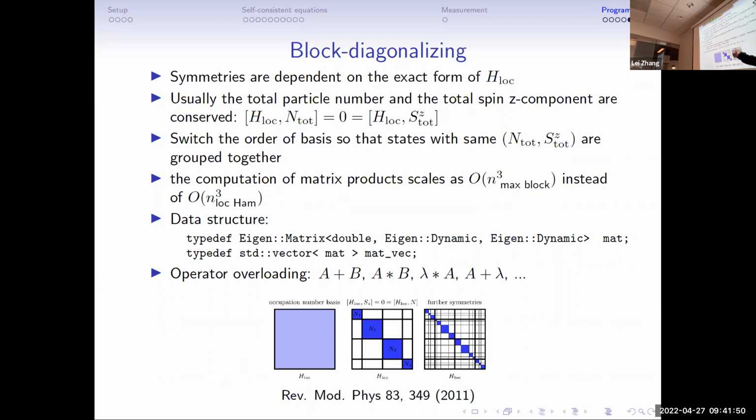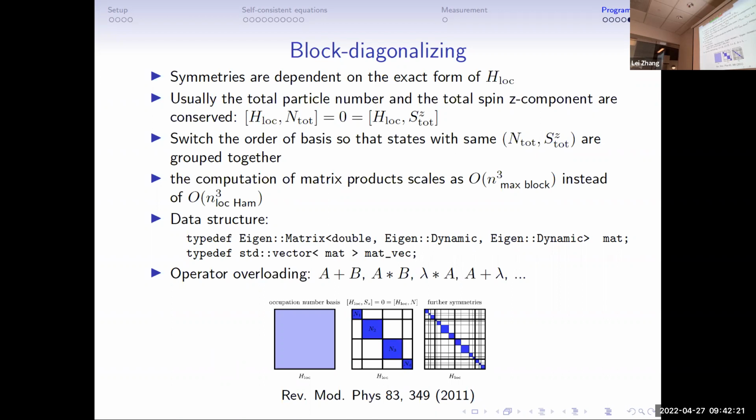But for D and D dagger, it's sparse, but the nonzero elements are not in this block. They're in here or here. And for the dressed propagator R and the self energy, they may or may not be block diagonalized depending on the system you simulate. So this is the uniform format I use in my code.